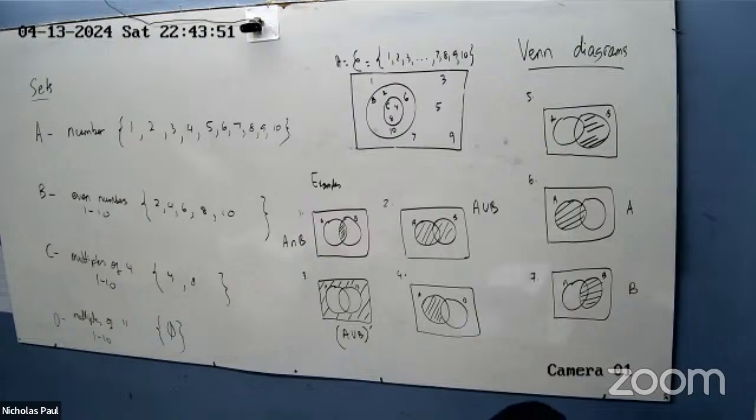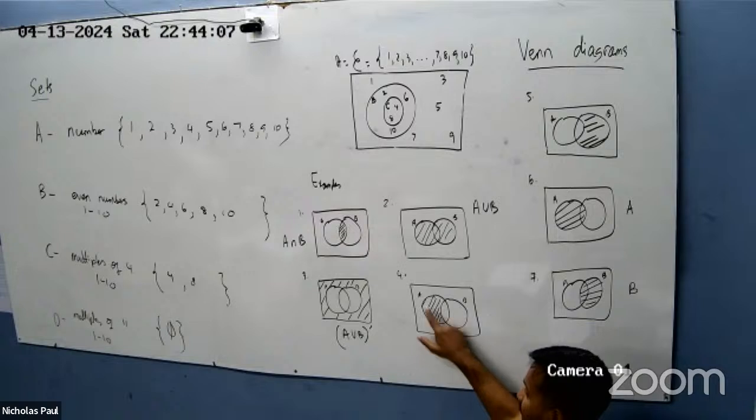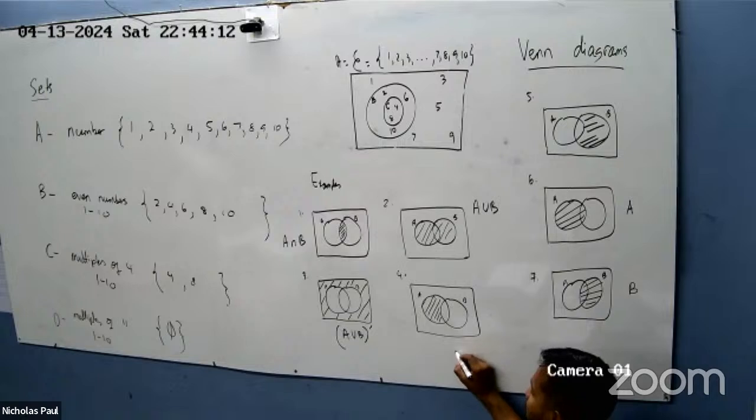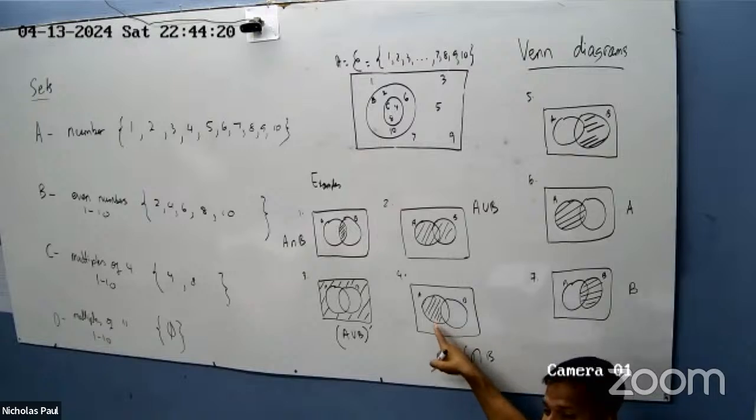Anybody want to try 4 and 5? 4 is what? A complement? You sure? A complement means everything outside of A. So what she's saying is A complement intersect B. But that's everything outside of A, and this is everything inside A. Adelia, what do you think?